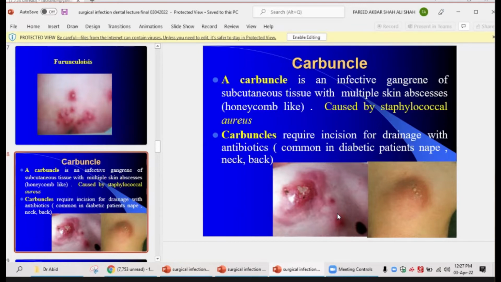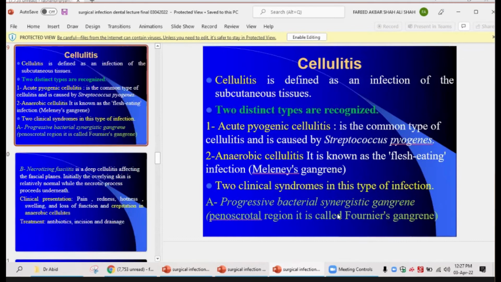This is not a very good representative picture, but you may see 20 to 25 or more small discharging sinuses. This is very typical for diabetic patients, and it needs incision and excision of the pathology along with cover of antibiotics.